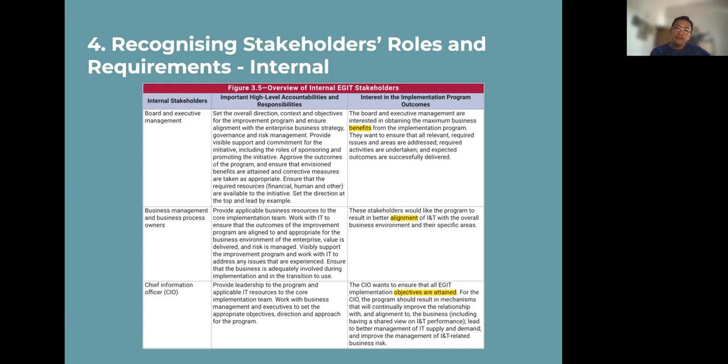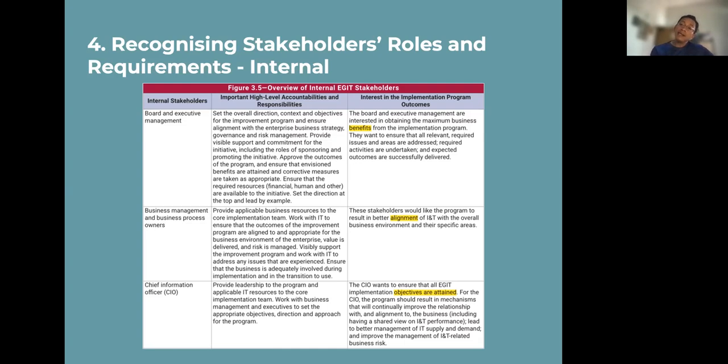Right, and then the business management, the business process owners, this is the representative from the business. For example, this is their accountabilities and responsibilities. They need to provide the applicable business resources, the business processes, for example, for the implementation team. They need to work with the IT to ensure that the outcomes of the improvement program will be aligned and appropriate with the business, and also the value will be delivered. Why do we talk about value here?